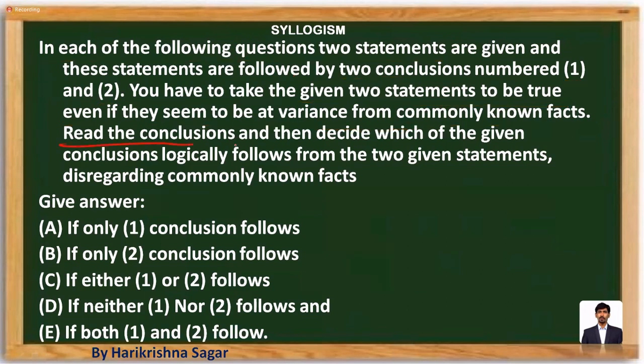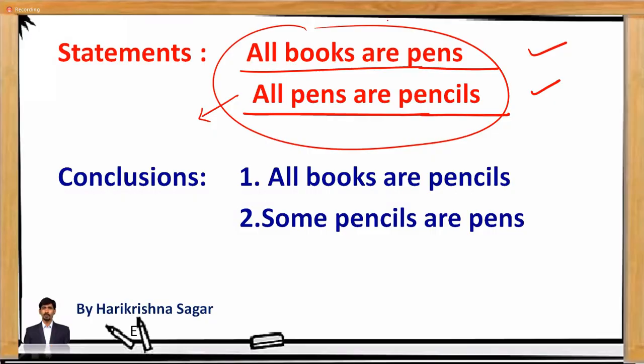And read the conclusions which are given. You are going to have five option choices. After reading your conclusions, decide which of the following is going to be the correct answer. For example, if you see a question like this, all books are pens, all pens are pencils, and you have the conclusions here.